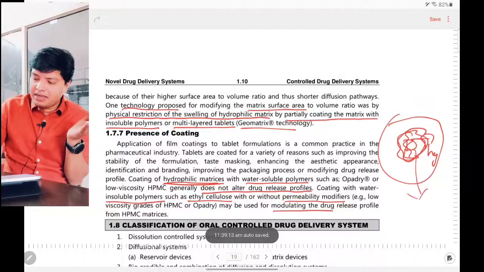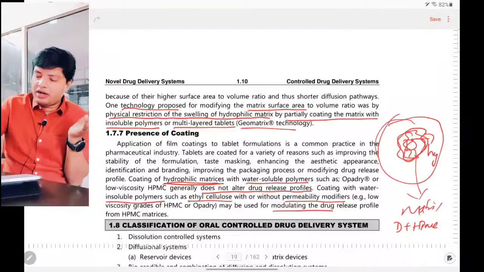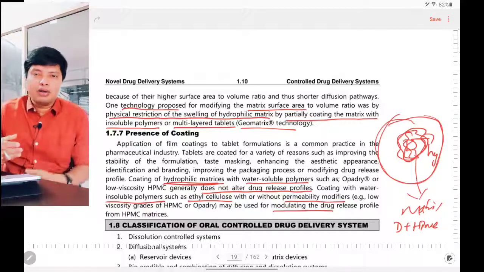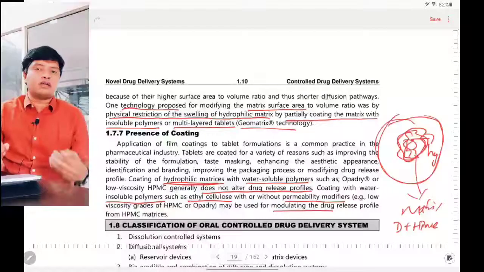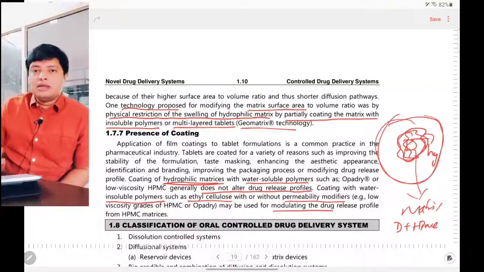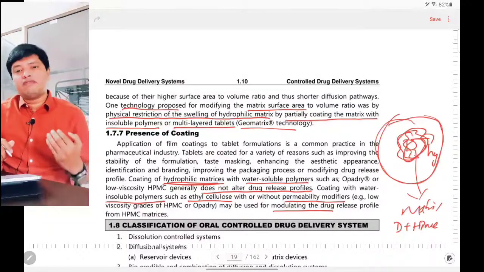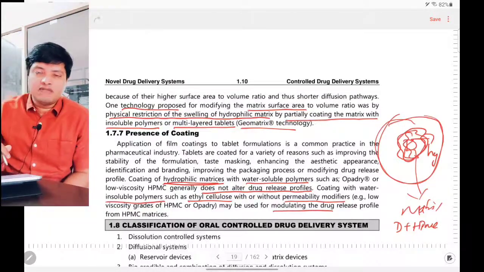Assume this is a matrix tablet. How did I prepare that? I use drug and HPMC. I will coat this with a hydrophobic polymer. What happens? The polymer is hydrophobic, so it will retard the entry of water into the matrix. Then it will also cause slow release of the drug, because entry of the water is restricted.